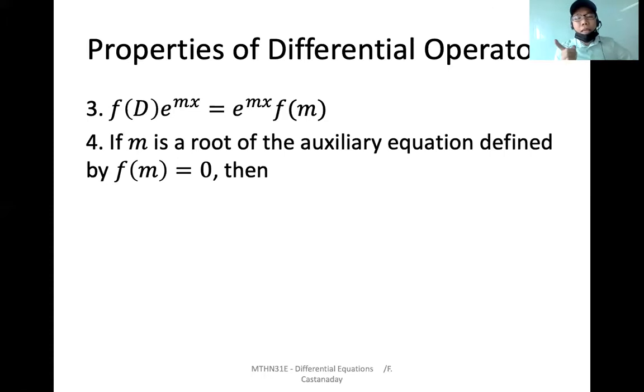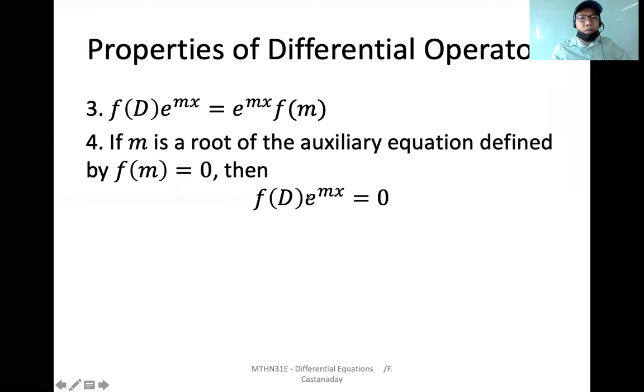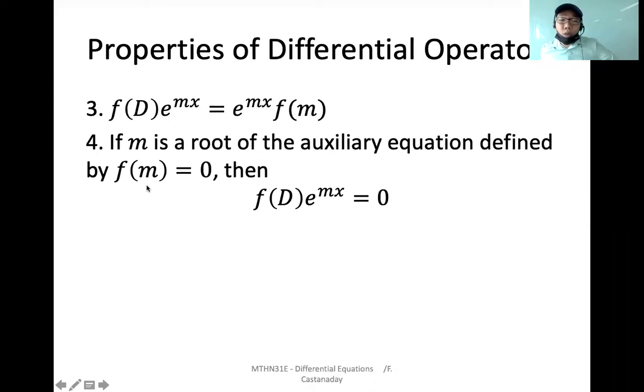If m is a root of the auxiliary equation defined by f of m equal to 0, then f of D times e raised to mx will be equal to 0. Remember, f of m equal to 0 is the auxiliary equation and that m is the root of the auxiliary equation.